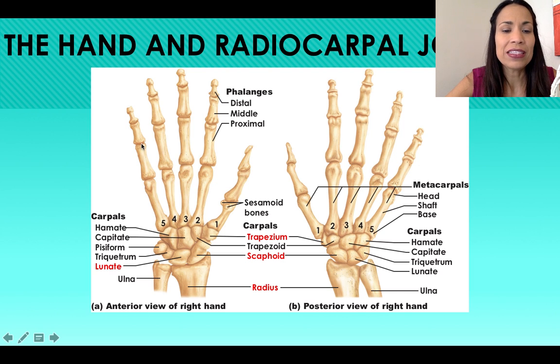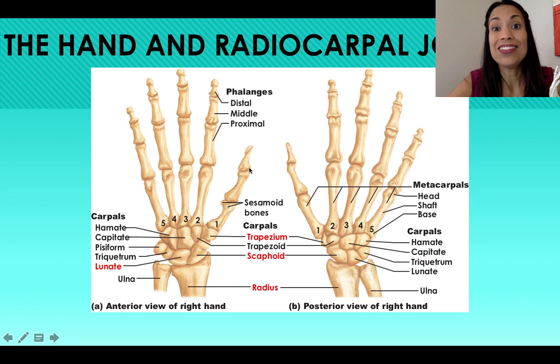So we call this the proximal interphalangeal articulation, and this one the distal interphalangeal articulation. Please notice that in the pollex we have the metacarpophalangeal articulation and an interphalangeal articulation. We don't have proximal and distal because we only have two phalanges.